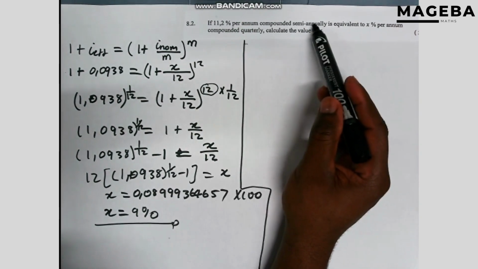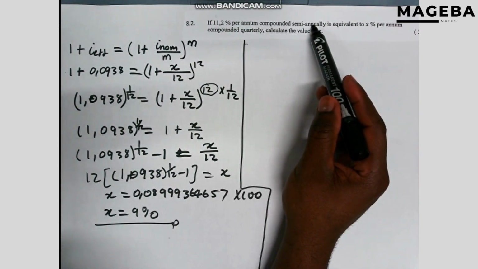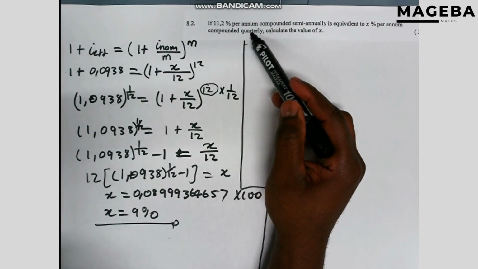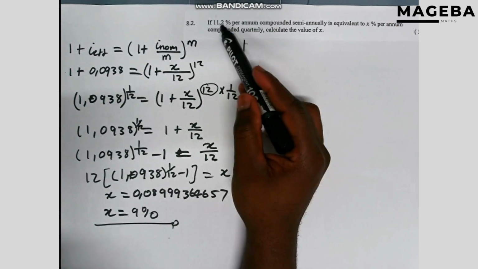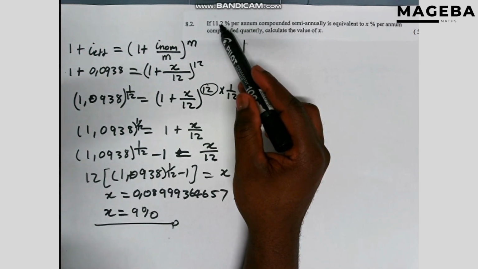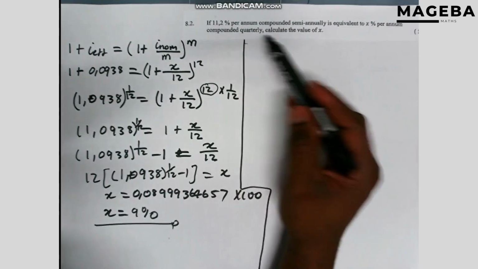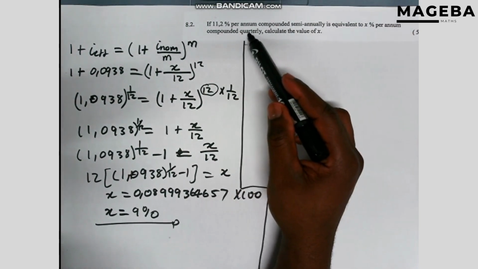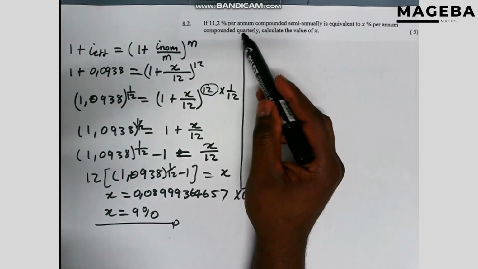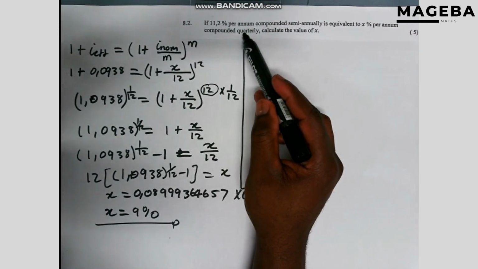So the i that we have here in the first part of this question is going to act as the i nominal. Then we find the i effective, and then from there, the last part of our question, where we say the x% per annum is compounded quarterly, that's where we're going to find our i nominal. I hope you can understand the two questions.